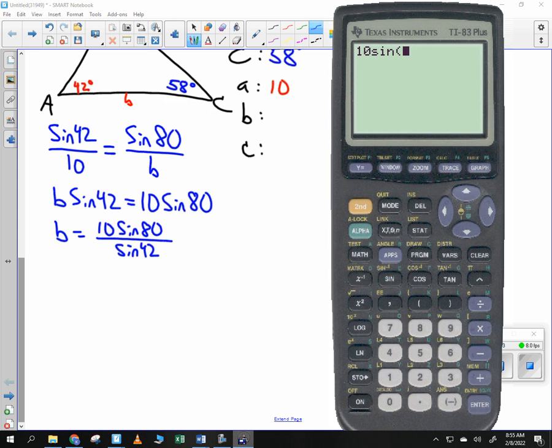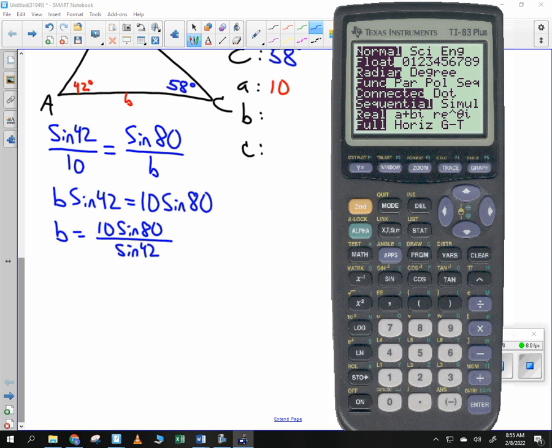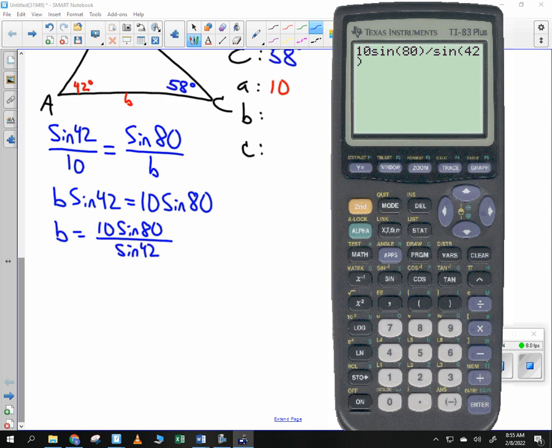I take out my calculator, and just be careful as you type it in. 10 sine of 80, make sure that you close your parenthesis around the 80, and then it's divided by the sine of 42. And for this, we're working in degrees. So make sure that your calculator is not set to radians. Make sure it's set to degrees. And then press enter, and it tells you 14.72.